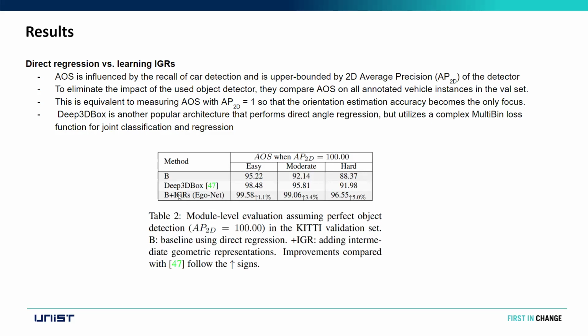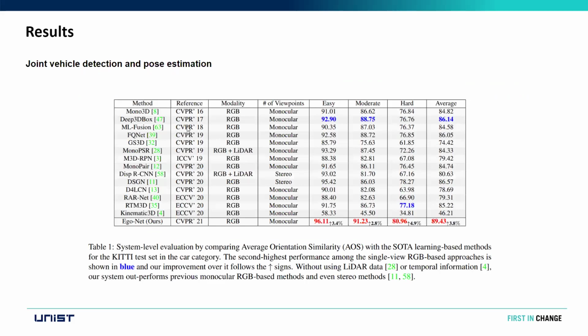So when you add IGRs to this model, the accuracy increased a lot. They also say that the accuracy of the model when we add IGR is bounded by the 2D detection. So if they do 100% 2D detection, then when we add IGRs, the orientation detection can also be up to 100.